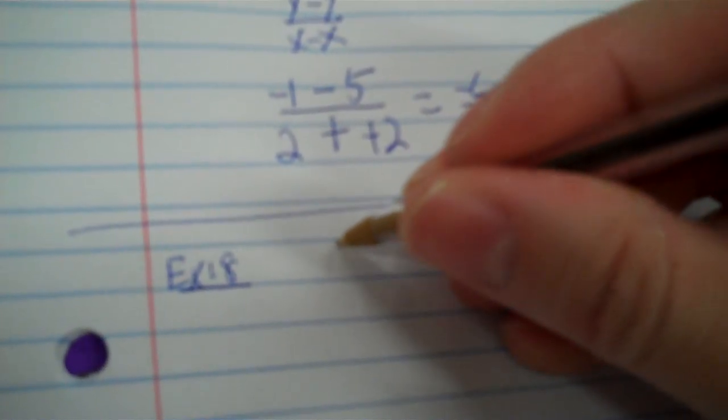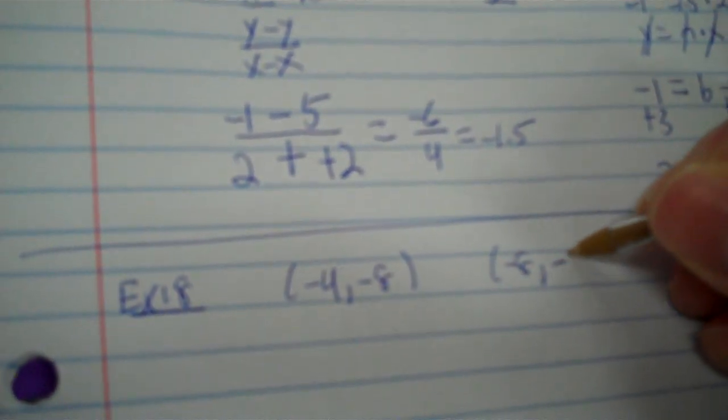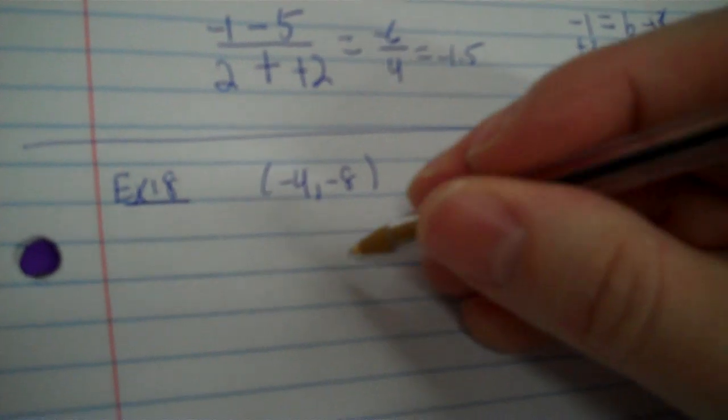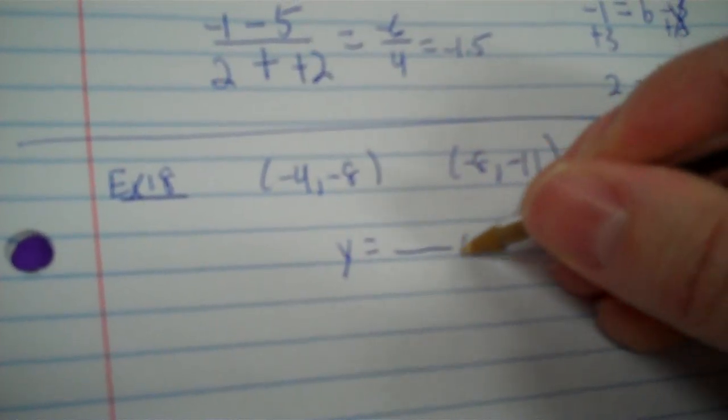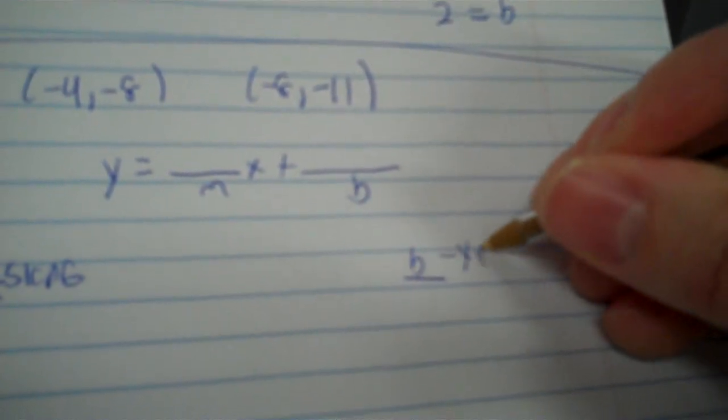Okay, example 8. Last assignment here. Negative 4, negative 8, negative 8, negative 11. Okay, M, B. So M is the slope, B is the y-intercept.